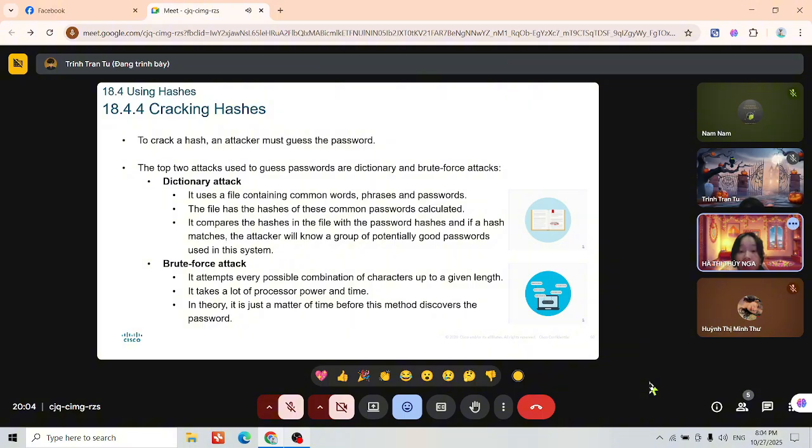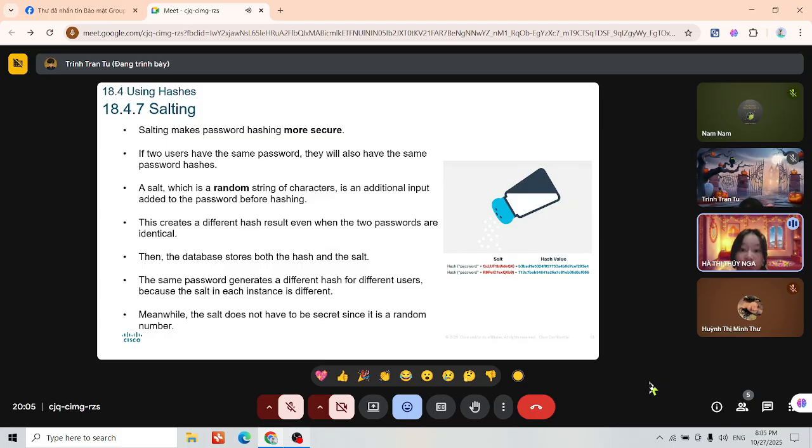It always works in theory, but is extremely time consuming. Next, to defend against this attack, use long, complex passwords. When two users have the same password like 12345, their hashes will also be identical, which is dangerous. To fix this, we use salting, adding a random value called a salt before hashing.